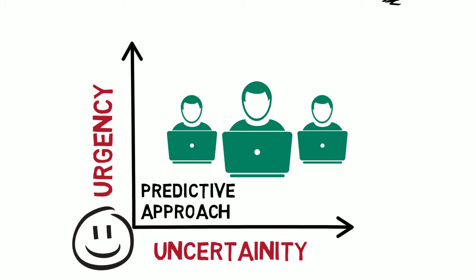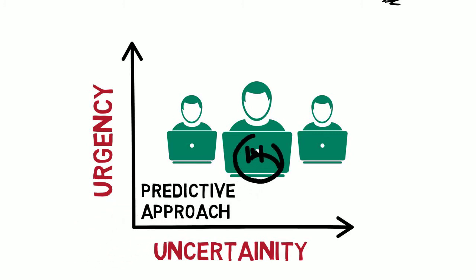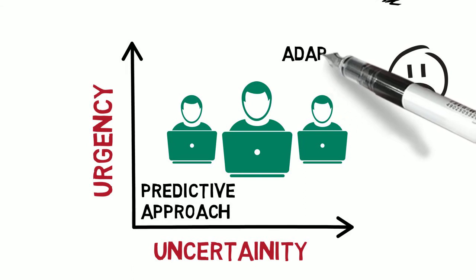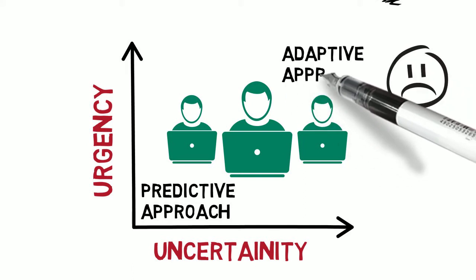However, increasingly, software developers realized that the kind of projects they have to do are not in this predictive domain. They have a combination of high uncertainty combined with high urgency. So they proposed this interesting new approach called the adaptive approach.